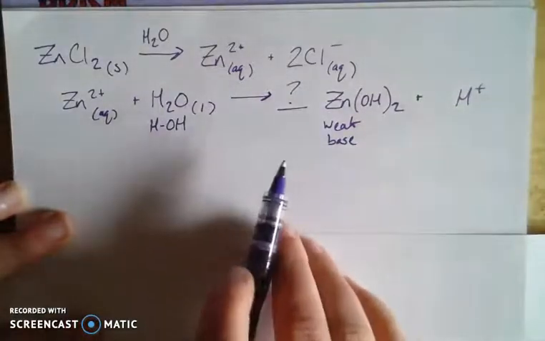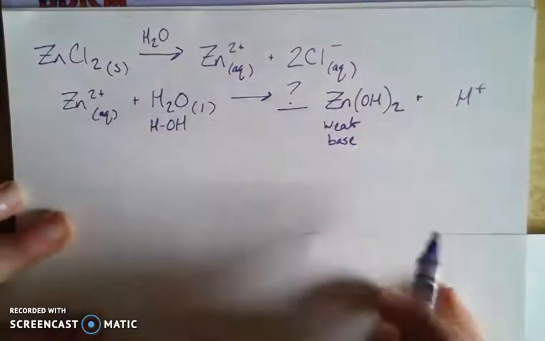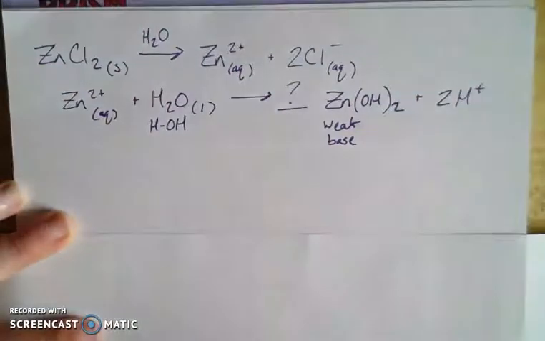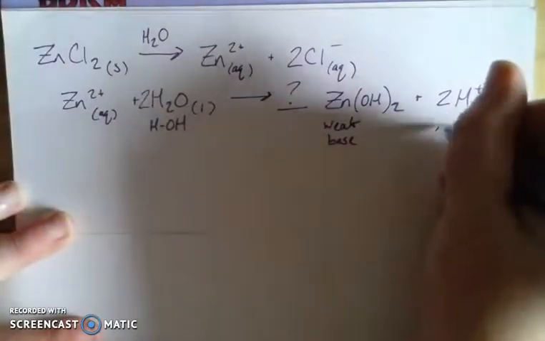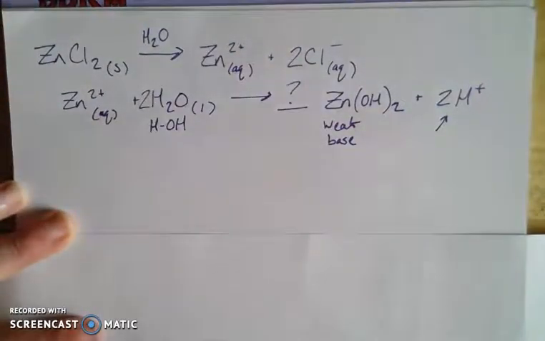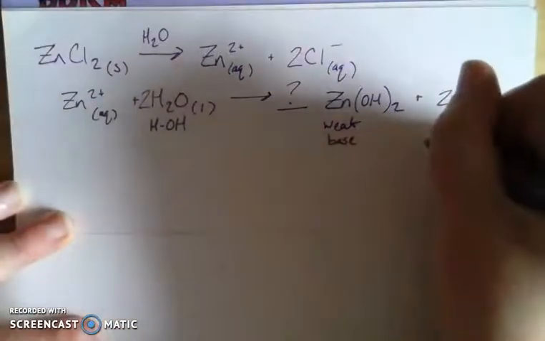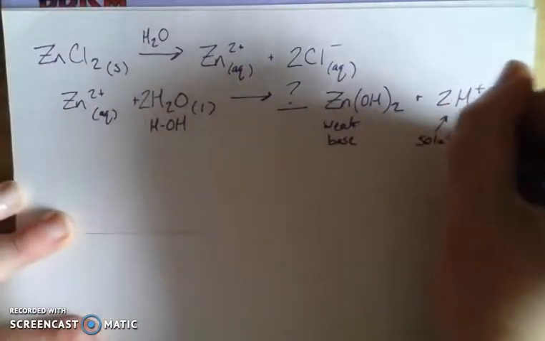Now we're going to have to do some balancing here. It looks like I've used up 2 hydroxides, so I'll probably need 2 of these guys, which means that I probably had 2 of these if we're thinking about balancing our overall process. But the take-home message here is that if I have hydrogen ions in solution, that's going to make the solution acidic.